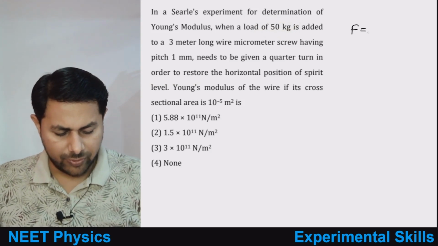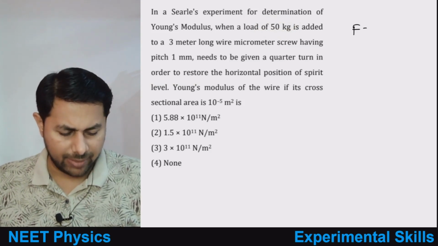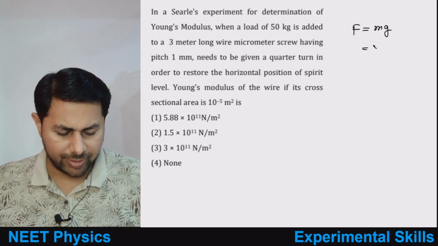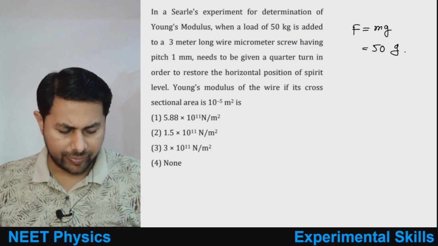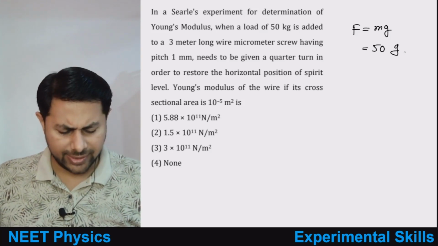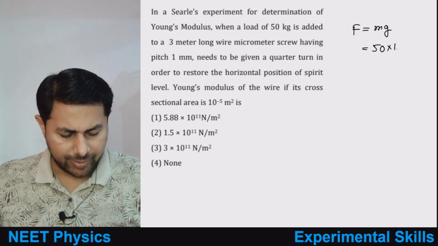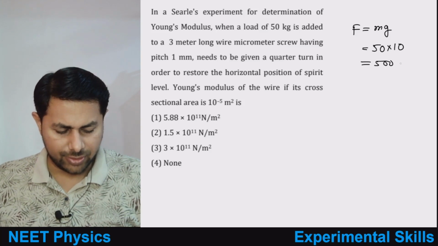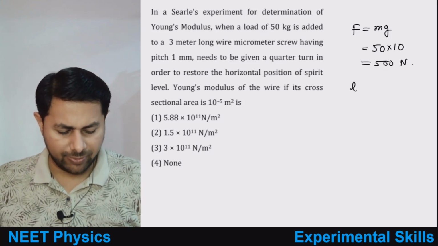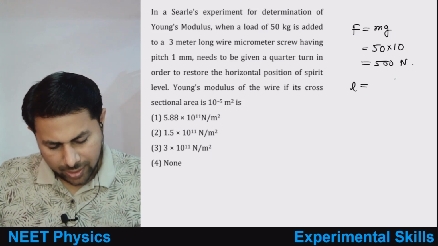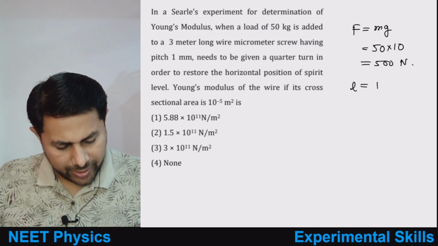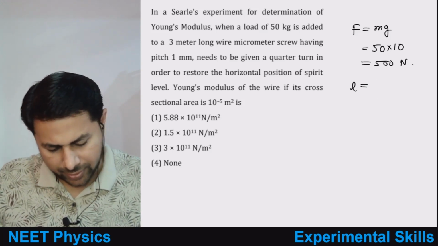the mass of the load, which is given, right? F is equal to mg, which is 50 times the acceleration due to gravity, right? Whatever it is, let's take 10, no? 50 times 10, 500 newtons. Okay, the length of the wire is given, it's 3 meters.